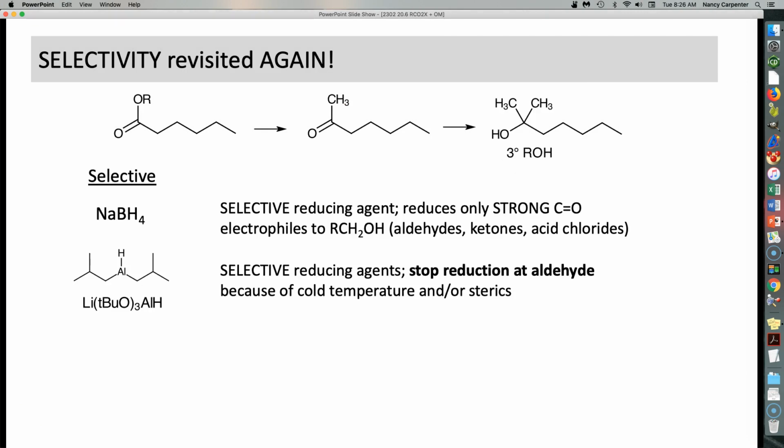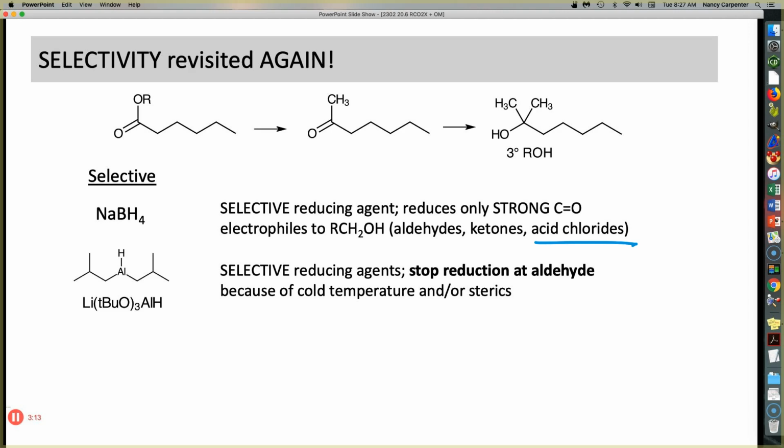So, let's review selectivity. We learned in the hydrides area that sodium borohydride, since it's so mild, is actually a very selective reducing agent. It has to have a really strong electrophile, and it reduces it down to an alcohol. So sodium borohydride can happily react with aldehydes, ketones, and the most reactive carboxylic acid derivative, the acid chloride, to give us reduction.